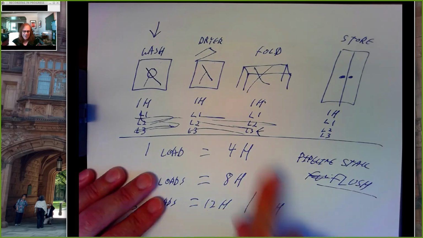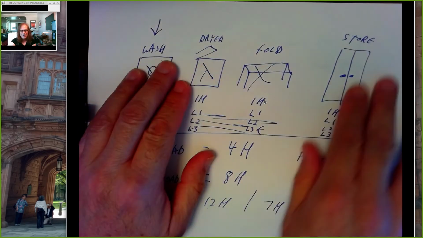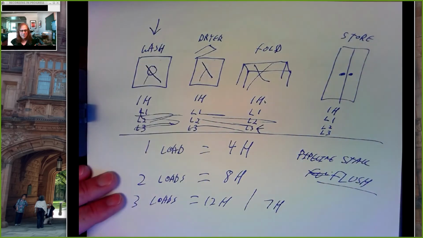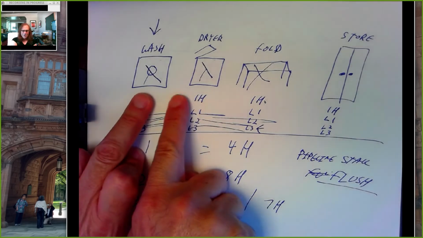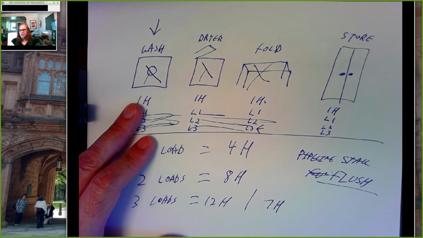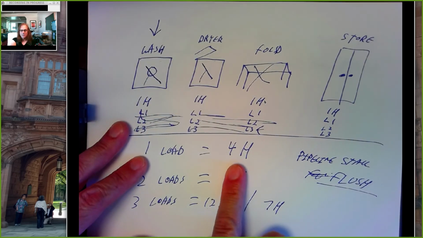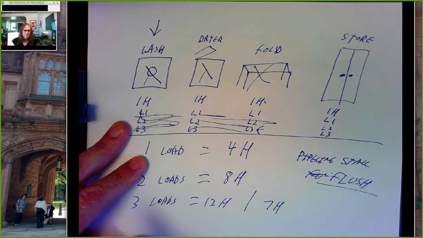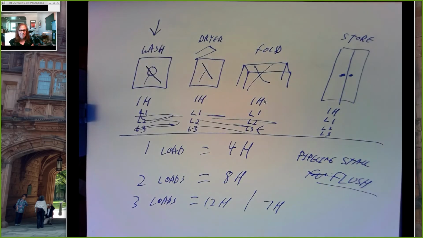You're saying, hey, all the stuff that's in the pipeline, that's not what I want to spend my time on. And you get rid of all of it, and now your pipeline is empty. And so the next instruction that you fetch is going to go in here, and you're not doing things in parallel anymore. So you're starting over, so that first load's going to take 4 hours. So when you have a pipeline flush in a CPU, the next instruction takes 2 clock cycles instead of 1.